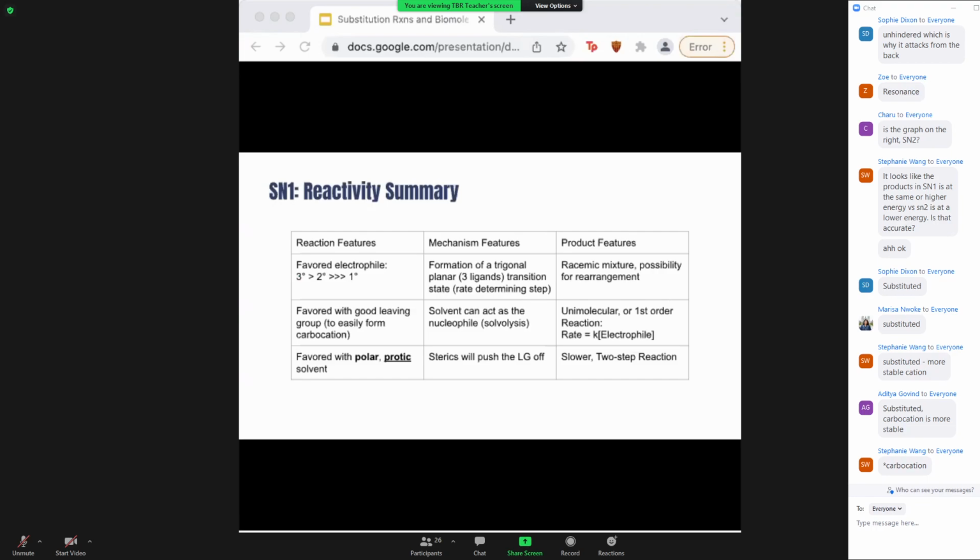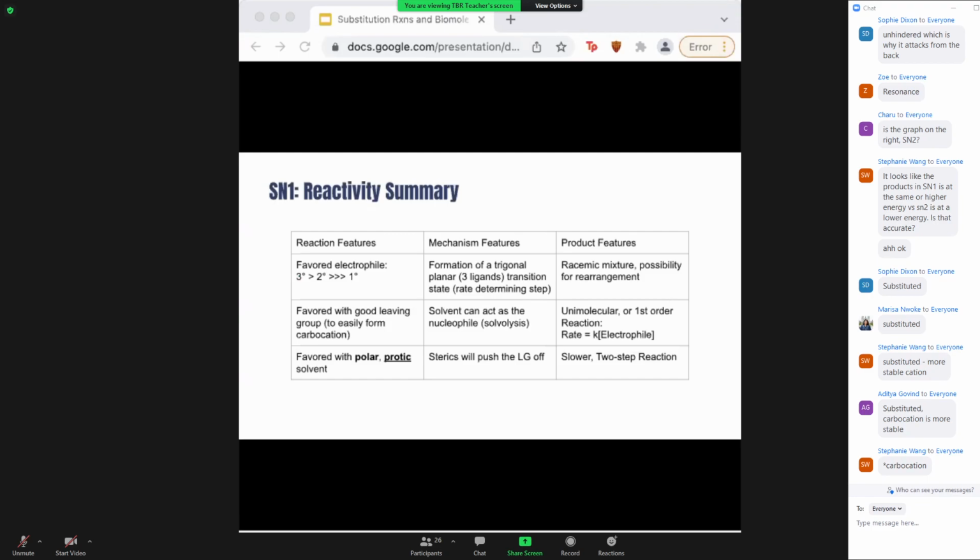And they are favored with good leaving groups to form a carbocation easily. And like I said, sterics will push that leaving group off, as someone asked before. And it is favored with a polar protic solvent because, like I said, you need something that will stabilize that carbocation and stabilize the nucleophile for it to attack.